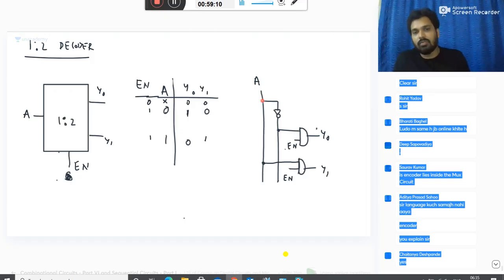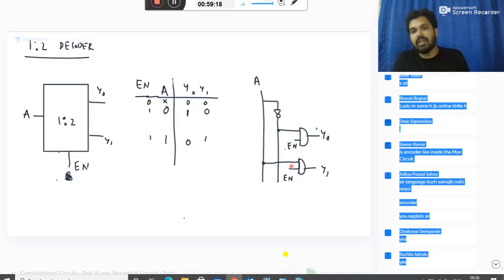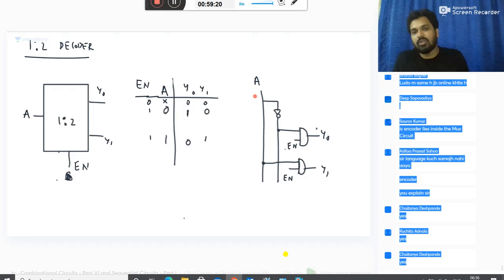When enable is 0, this AND gate input is 0. If one of the inputs to the AND gate is 0, both outputs are zeros. When enable is 1, then A will decide: if A is 0, you will get 1 here. When A is 1, you will get 1 here. Is it okay?